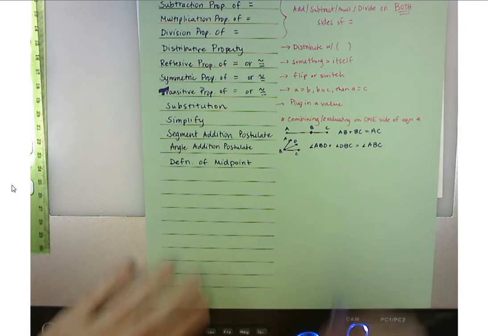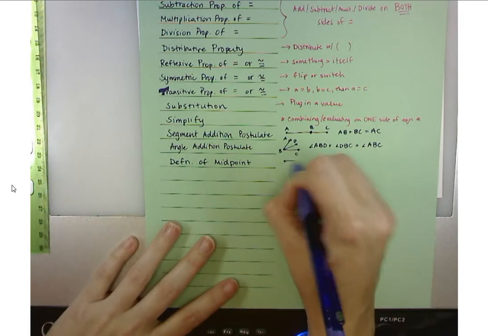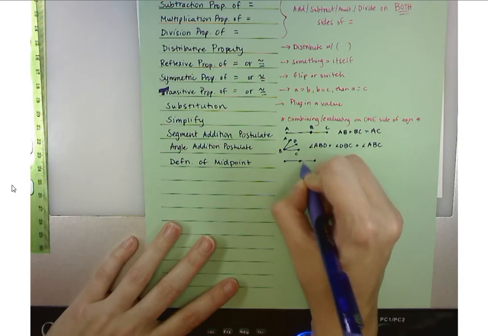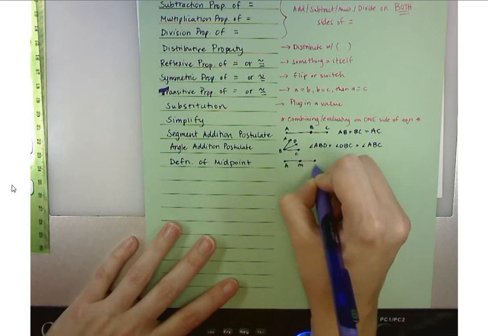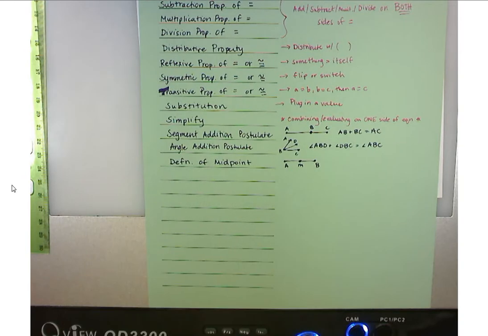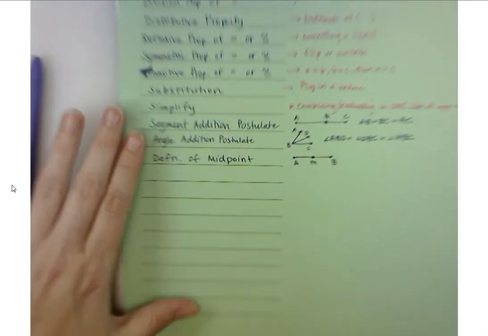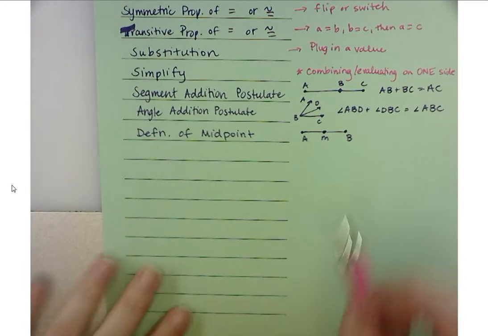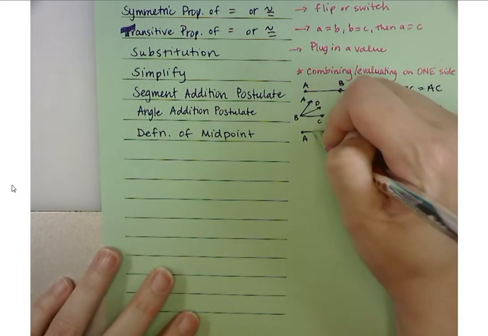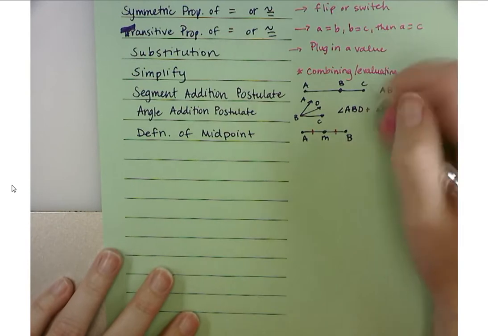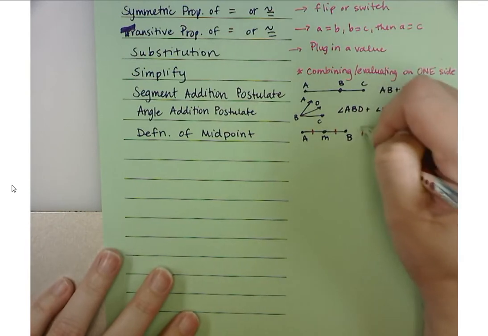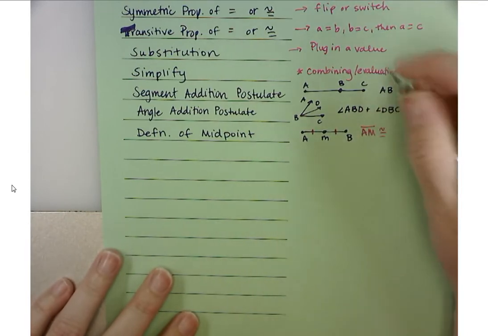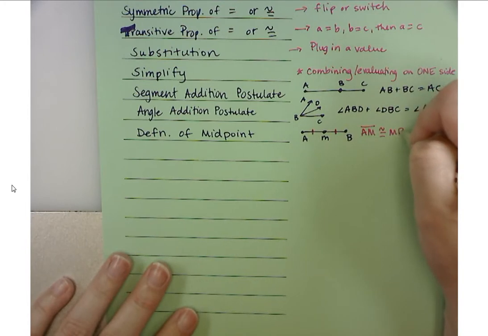And we would use that when we know we have a midpoint. What does the midpoint do to the segment? Cuts it into two equal pieces. So the definition of the midpoint would be used to say that the segment AM is congruent to the segment MB.